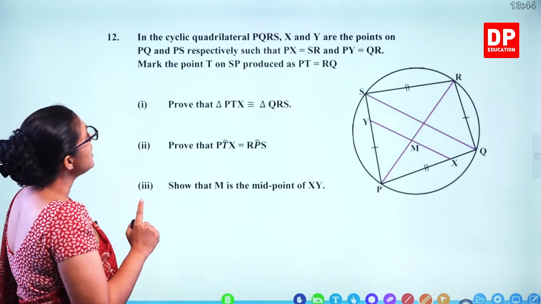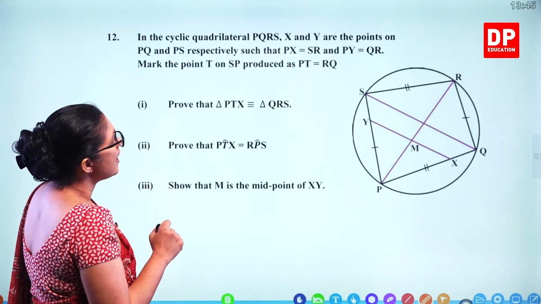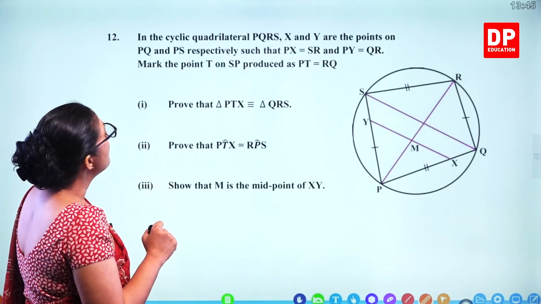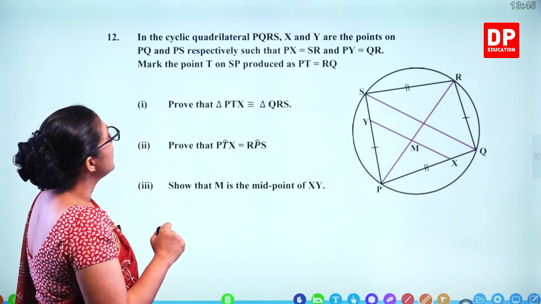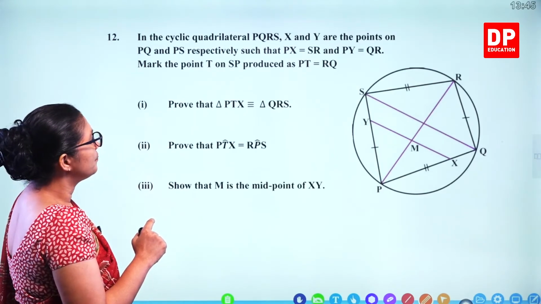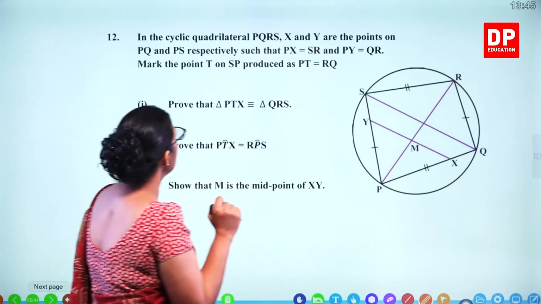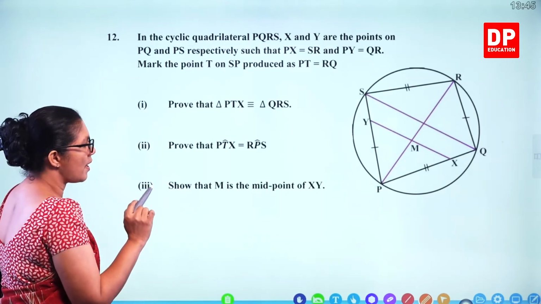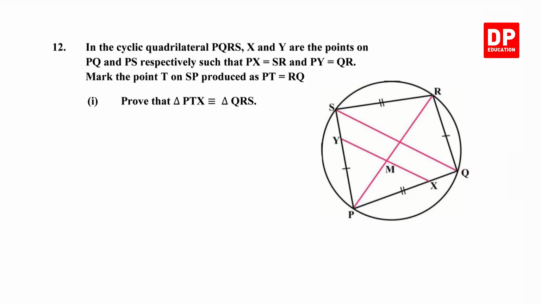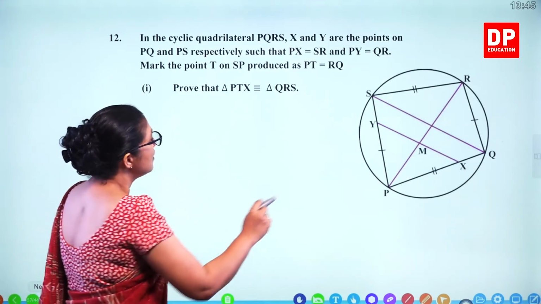Mark the point T on SP produced as PT is equal to RQ. So we have to extend this line and mark the T point, and you get 3 parts. We'll do it separately. So before we start, we need to mark the T point.